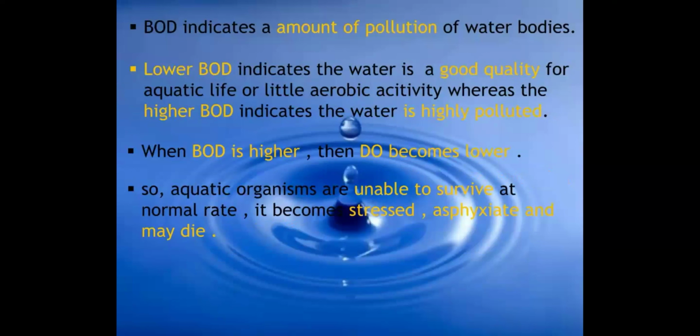So you can write the indicates. The lower BOD indicates water is good quality for aquatic life or little aerobic activity, whereas the higher BOD indicates the water is highly polluted. When BOD is higher, then DO becomes lower.